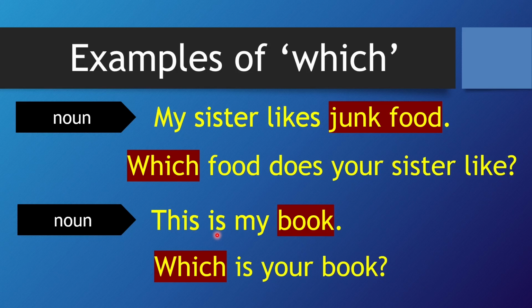That's why the auxiliary verb is working as the main verb in this sentence. So after which, we will write is as the main verb. Then my will become your, and we will write the noun book. Which is your book? So everyone, I hope your ideas about making questions with how and which are clear now.